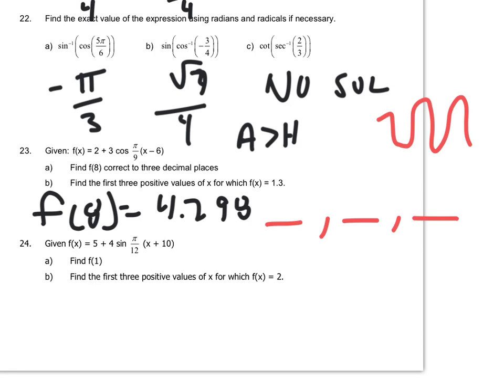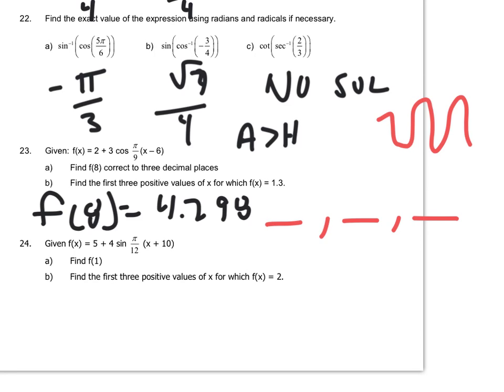You're going to plug in 8 into the table. Remember, you can do table setup and change independent from auto to ask and type 8 in. You do that if it was 8.2, for example, and then find the first three positive values.